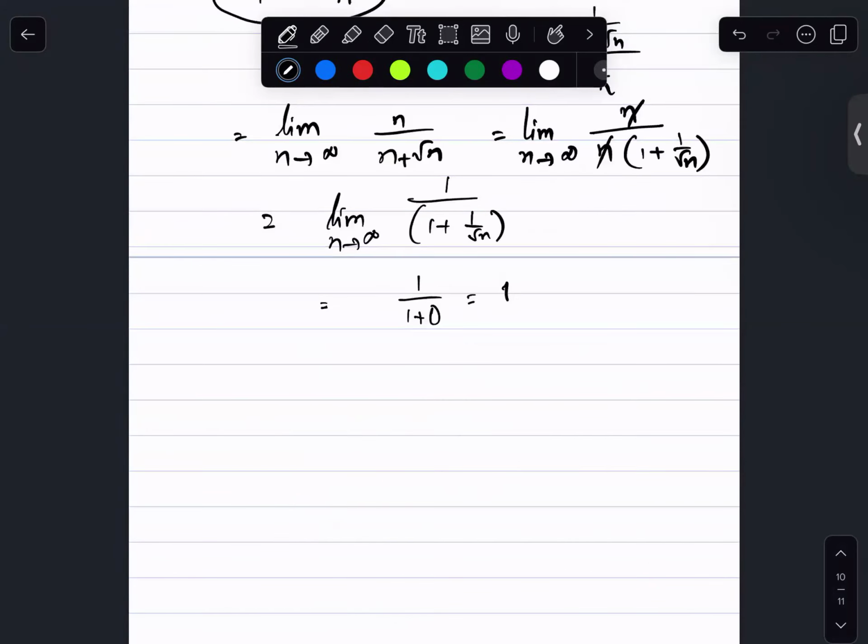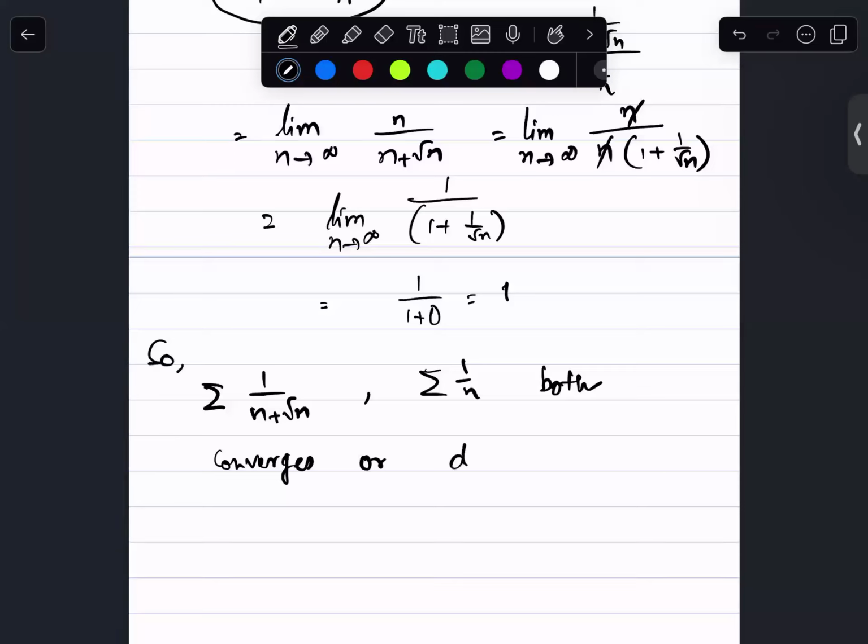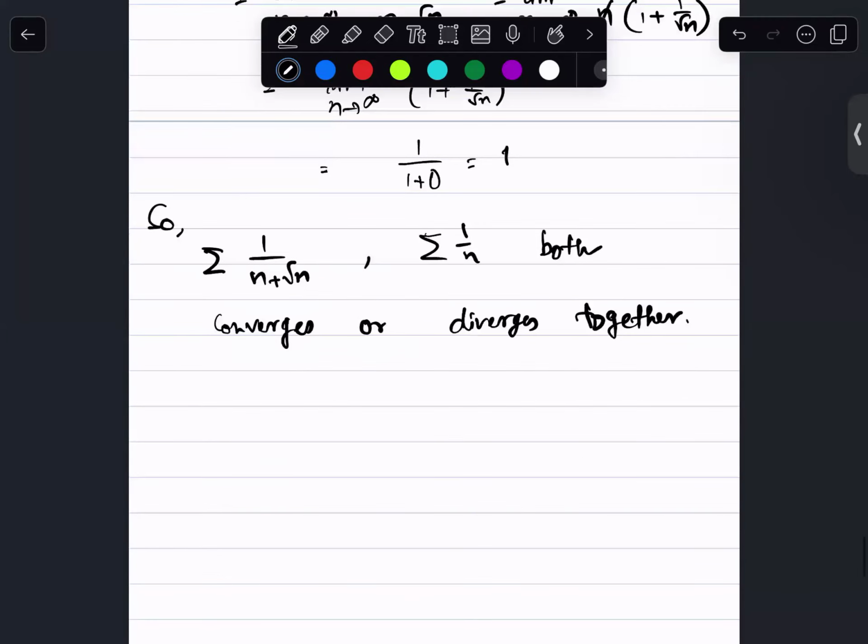So summation 1 over n plus square root n and summation 1 over n both converge or diverge together, right? But summation 1 over n diverges, right? Again, like the p-series with p being 1, this implies summation 1 over n plus square root n diverges.